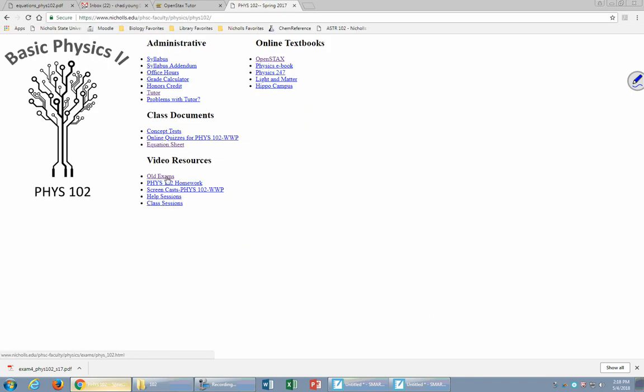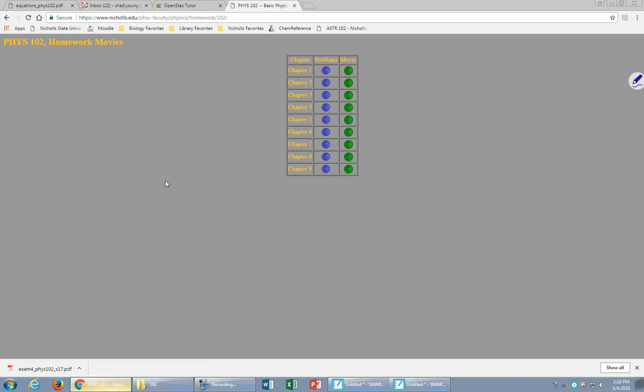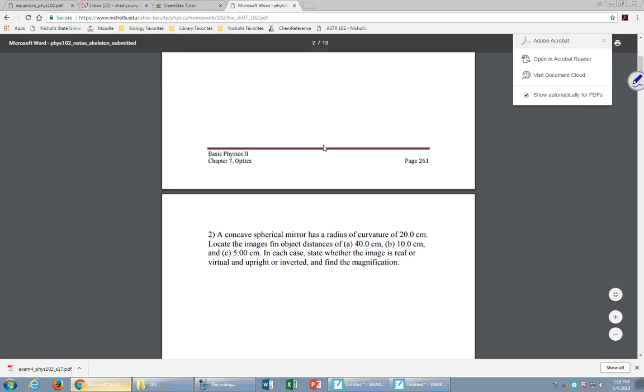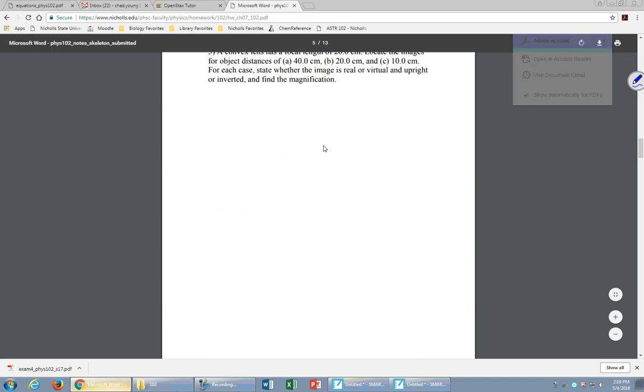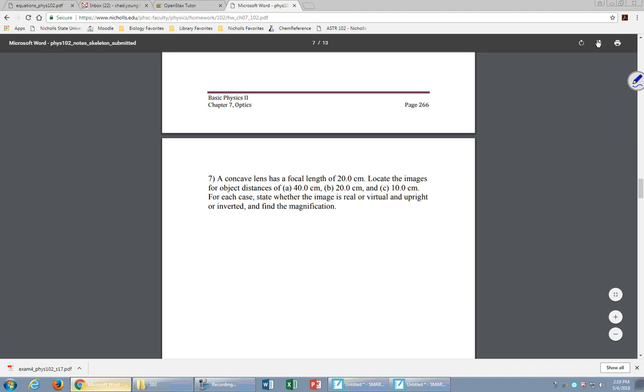So what I'm going to do, I'm going to go to this page, the homework page. Y'all probably don't go to it very often. But on chapter 7, I have all the ray diagrams, and there are videos too, but let's just take a look. I'm going to download this.